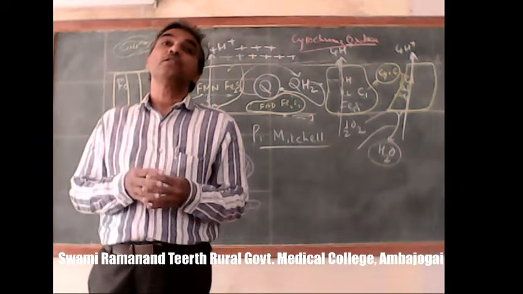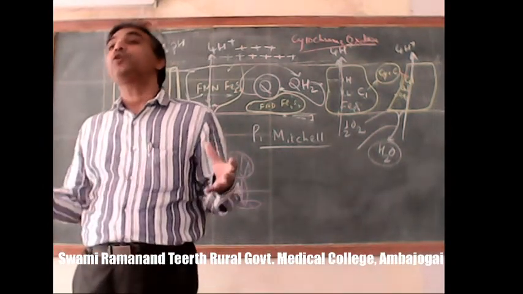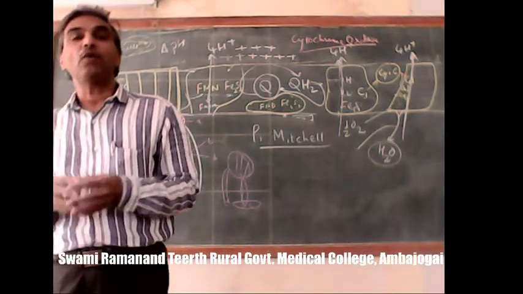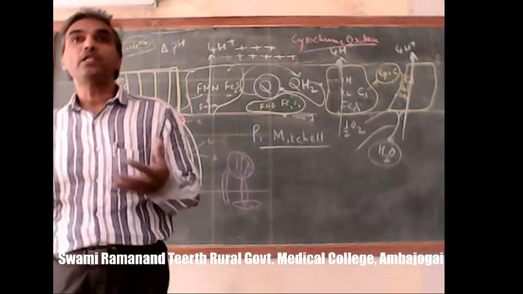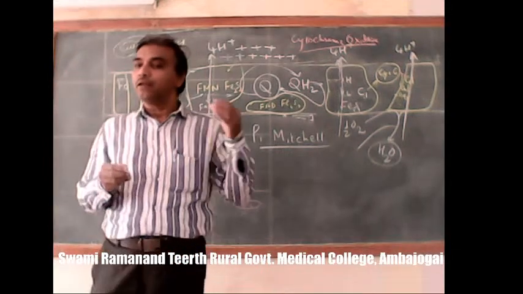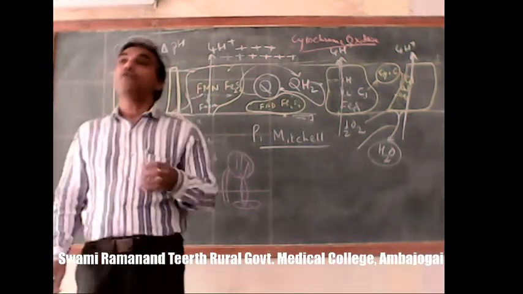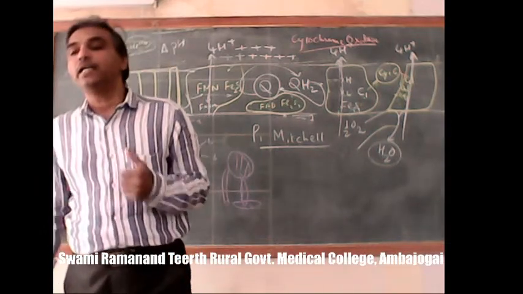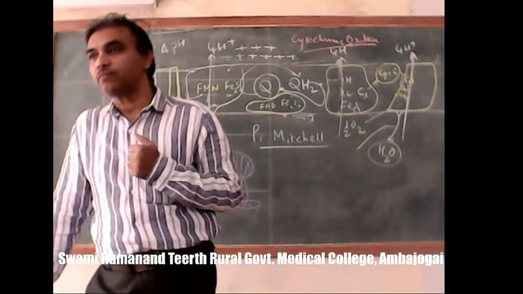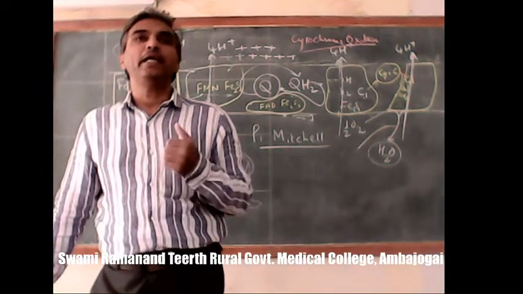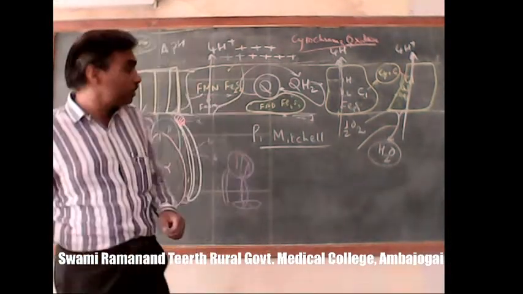These two things have to be coupled, and there was no known mechanism for how this occurs. Peter Mitchell put forward in 1960 a theory called the chemiosmotic theory of ATP synthesis.